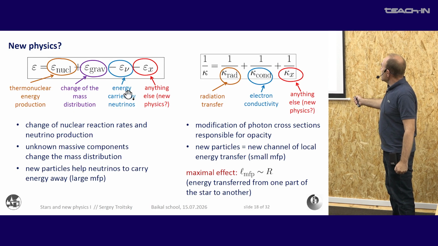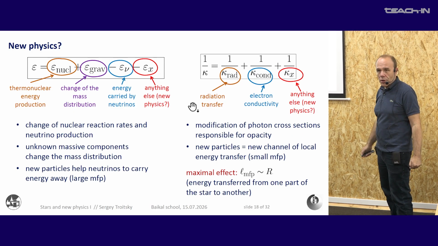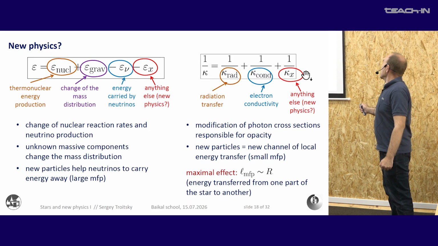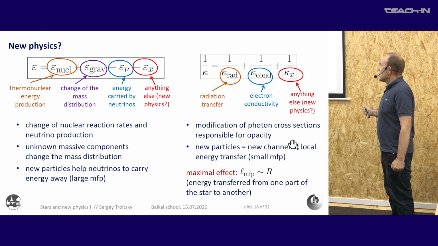For the opacity, we can also modify the photon cross-sections which are responsible for the radiative opacity, or we can introduce a new channel of local energy transfer.